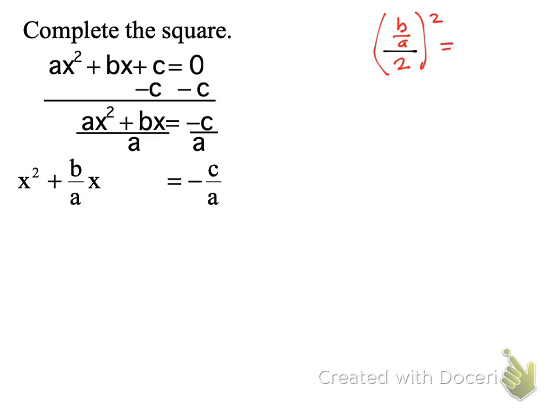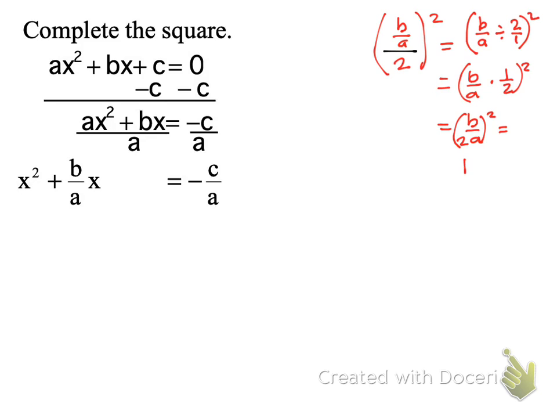Now, doesn't that mean b over a divided by 2 over 1, and then we're going to square it, right? Or we don't divide fractions; instead we multiply by the reciprocal. Right, and we have to square it, and then we have b over 2a, and it still has to be squared, which would be b squared over 4a squared.